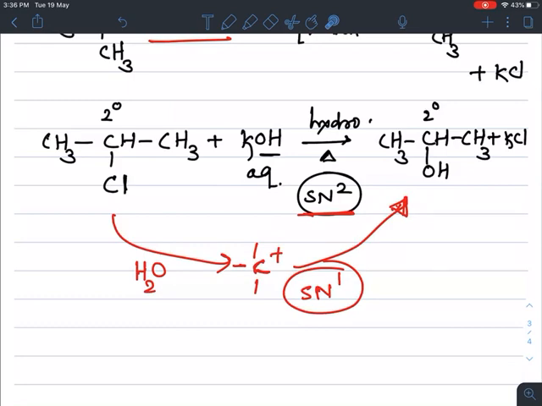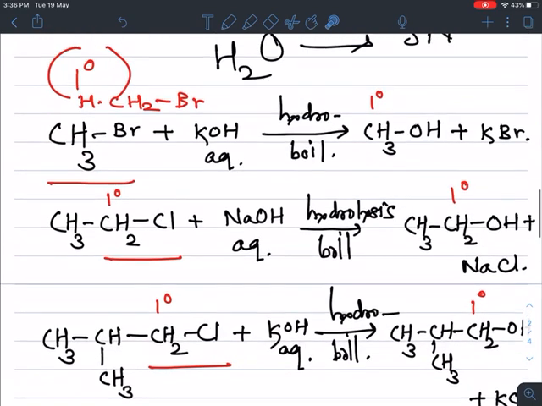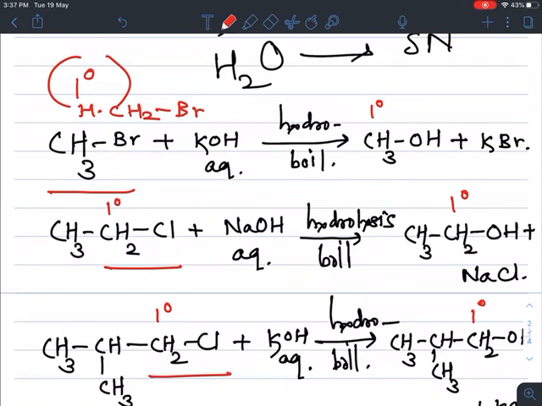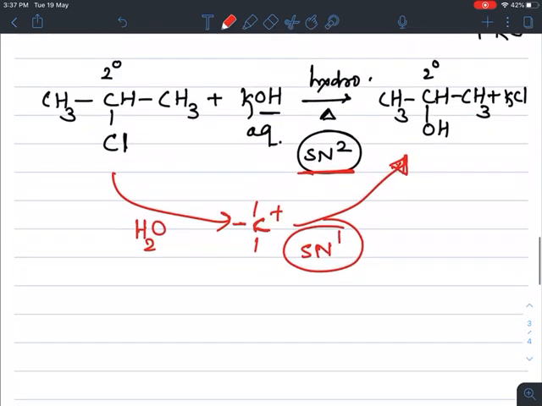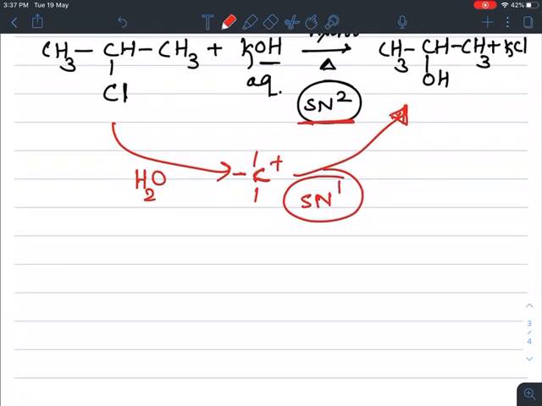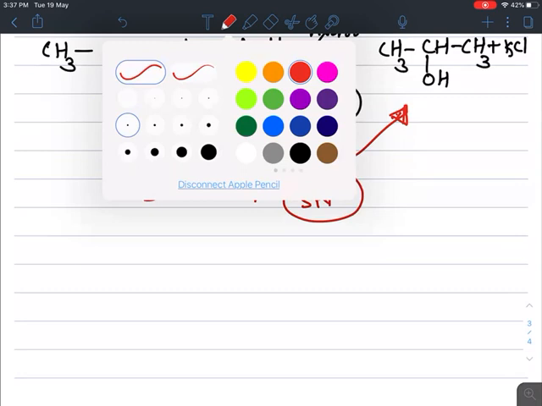Okay. Now, in the first case, these primary alkyl halides, when treated with strong nucleophiles, follow which reaction mechanism? Primary alkyl halide always shows the SN2 reaction mechanism. Okay. Now let's see the next type of alkyl halide, that is tertiary alkyl halide.